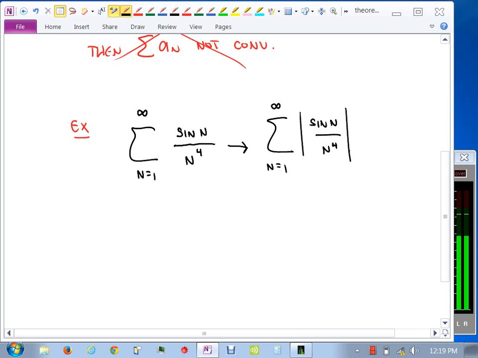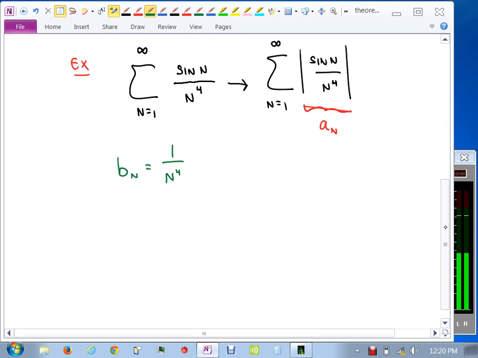Now I can't pull the sine n out. It doesn't go away like the negative 1 went away. But I know that once I take the absolute value, it's going to be positive. So now I'd like to try and compare this to a series that you know about. So this is going to be my a sub n. I'm going to come up with a series that I'm going to compare it to, something I know about. How about b sub n is 1 over n to the fourth.